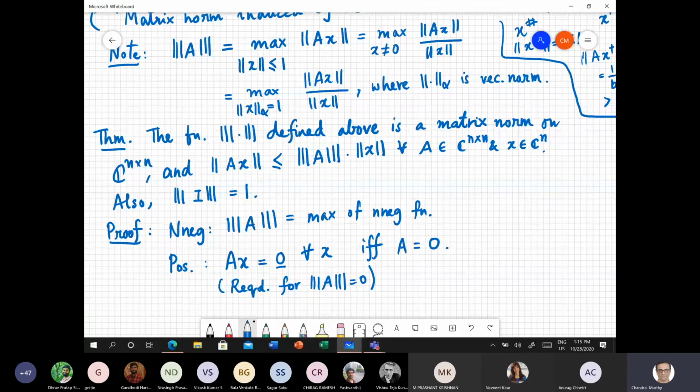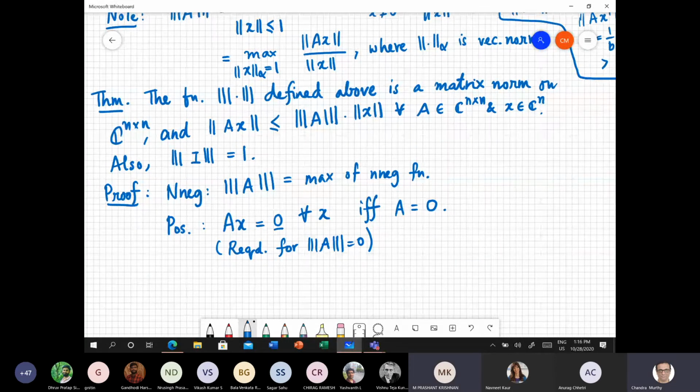Next, if I consider x equals 0, 1, 0, 0, 0, then Ax for such a vector will be equal to the column a2, but that's also equal to 0. So the second column is also equal to 0, and so on. So if Ax equals 0 for all x, then A is equal to 0. The converse is trivial, because if A is equal to 0, then of course Ax is equal to 0 for all x.